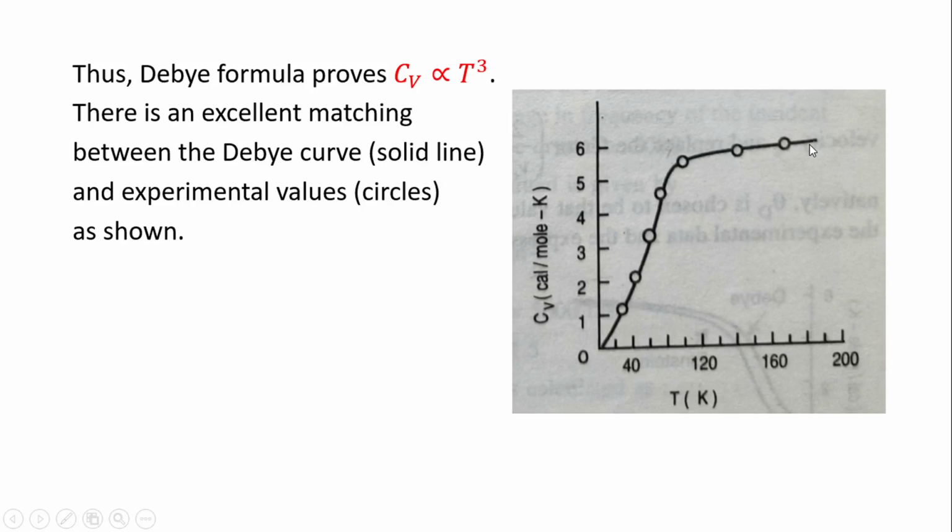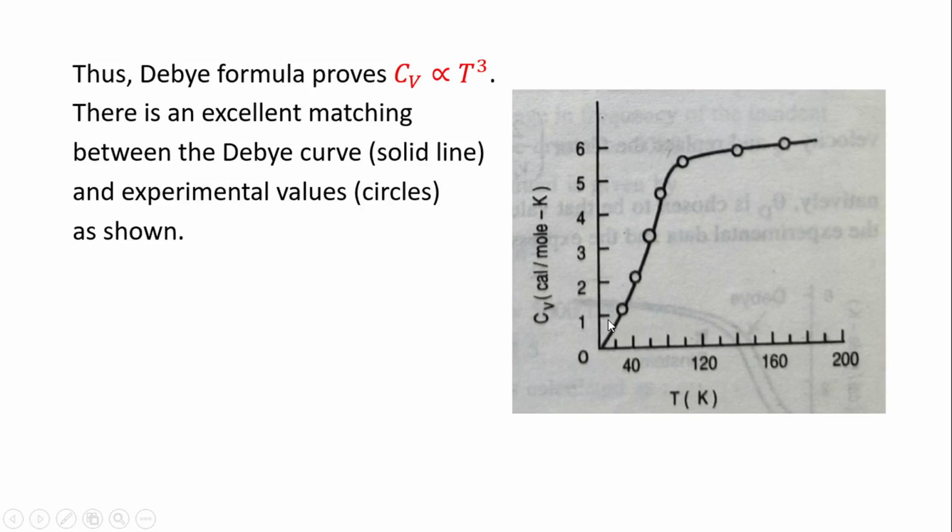And you will find that for all temperatures from higher to lower, the experimental values match well with the theoretical values obtained by Debye's theory. Hence Debye's theory holds good for high temperatures as well as low temperatures.